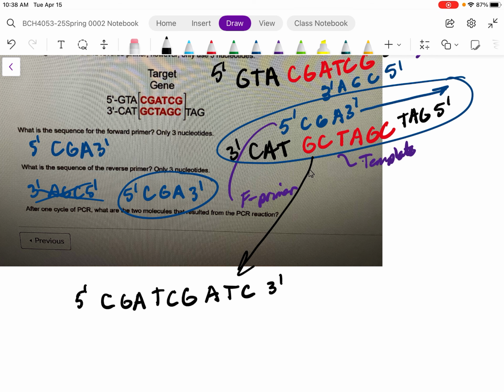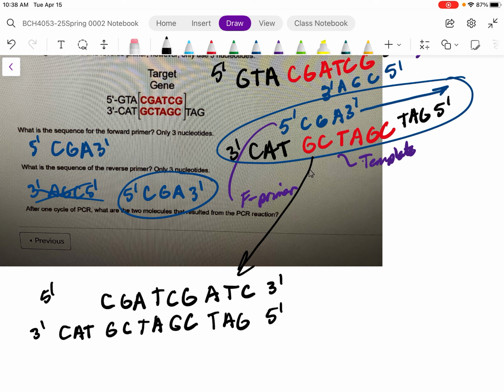And then the 3' piece right here is going to be, you have to expand this out a little bit, our CAT, and then GCTAGC.